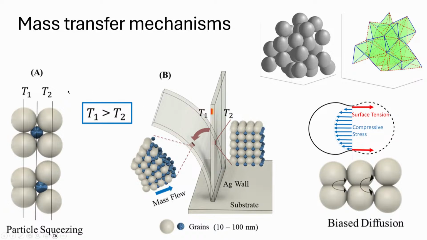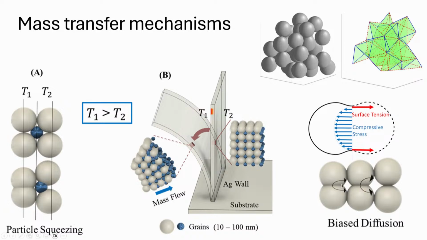One option is what we call particle squeezing. If you have, say, two bigger particles and the temperature here is higher, those two particles sinter more, and they push this smaller particle towards lower temperature, right?